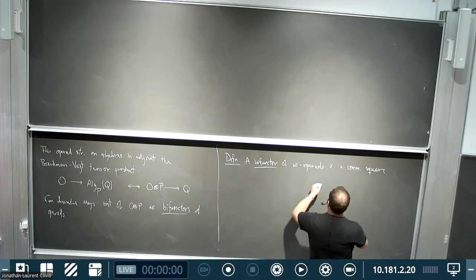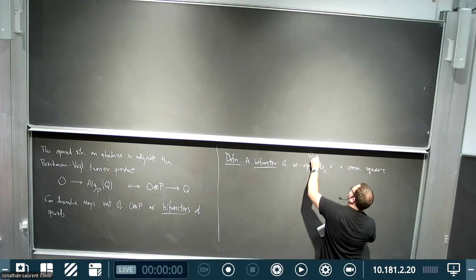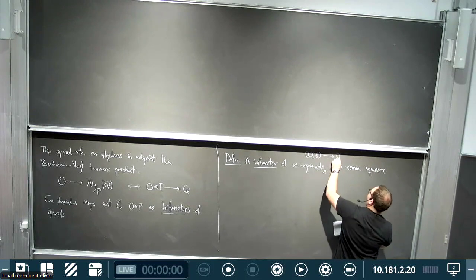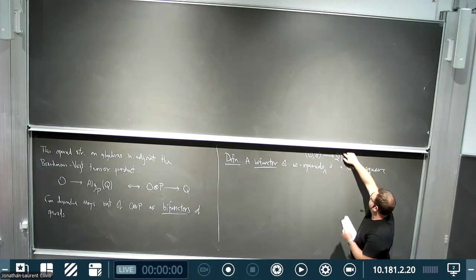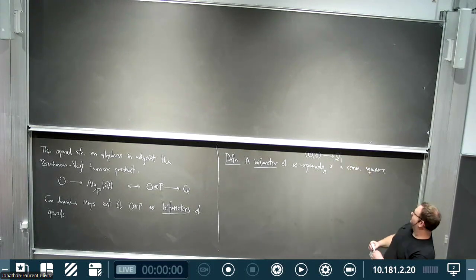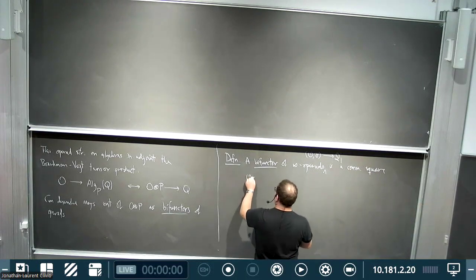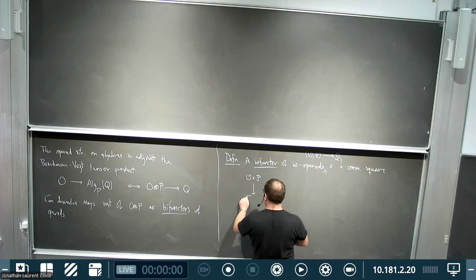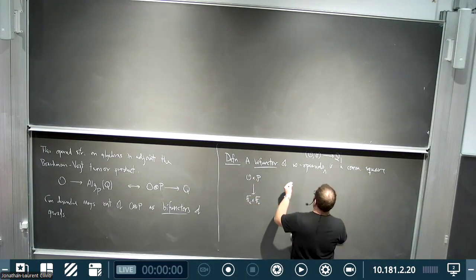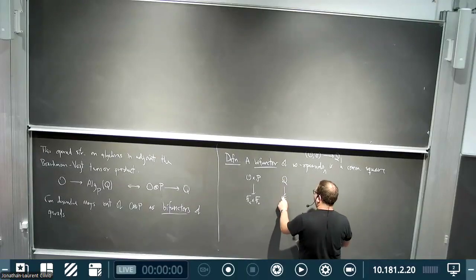Bifunctors of infinity operads from O and P to Q, where O, P and Q are infinity operads. This is a square, so here I can take O plus P, that comes down to F star plus F star, and then Q maps down to F star.